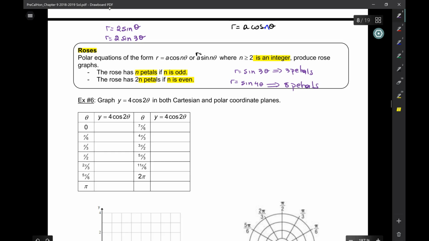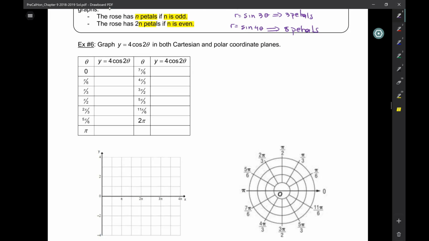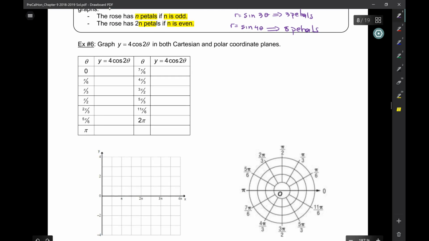What's the period of this one? 2 pi over 3 is the period. That means over an interval of 2 pi, is this going to have more or less cycles? More cycles, because it's a shorter wave. That means if with each cycle we go out and in, then with this one we go out, in, out, more times. Okay? So 4 cosine 2 theta, how many petals do we expect it to have?